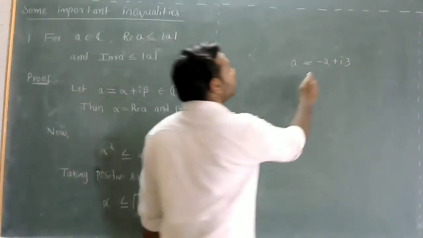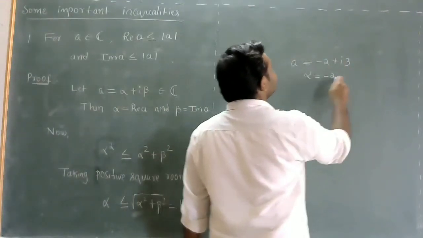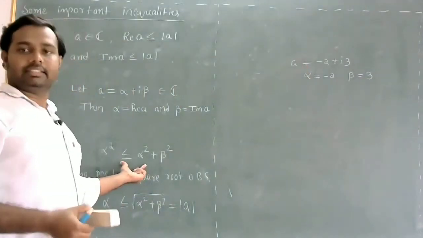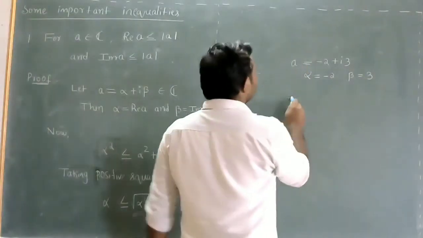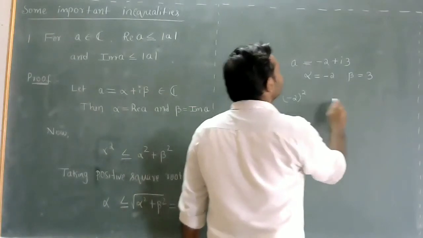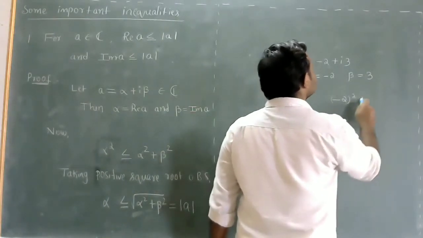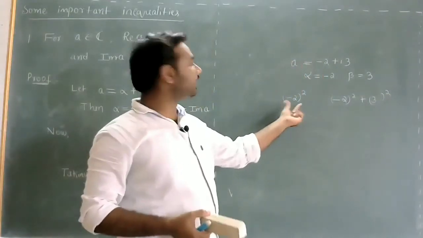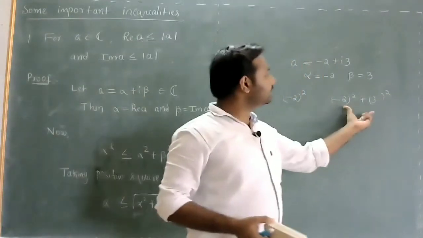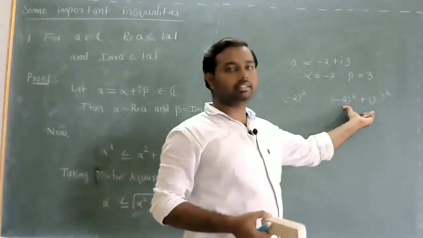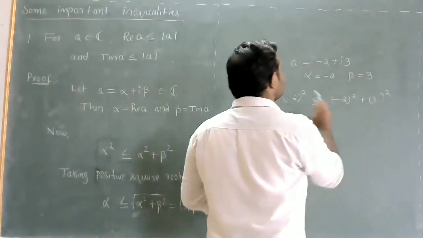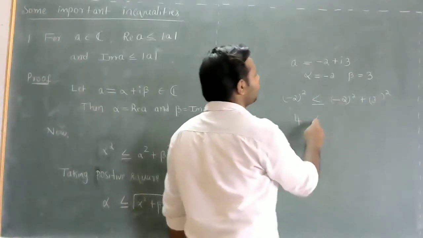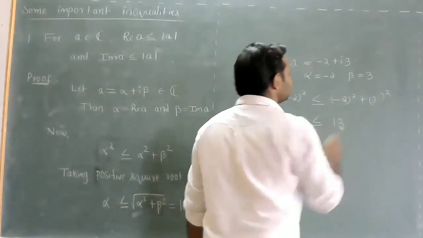Then in this case alpha is -2 and beta is 3. If I consider such an inequality, then -2 whole square, and -2 whole square plus 3 square, I can clearly observe this is 4 and this is 13. So 4 is less than or equal to 13.